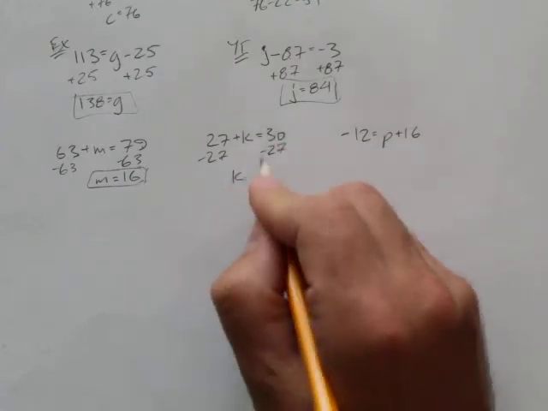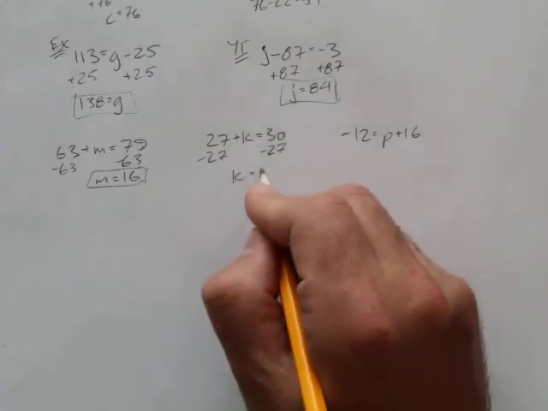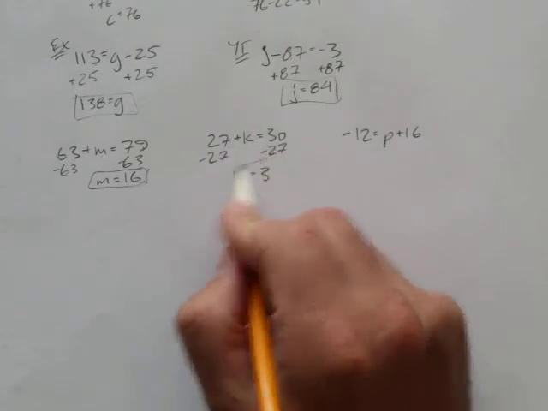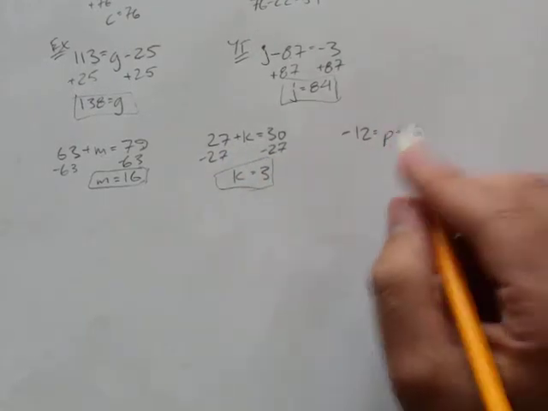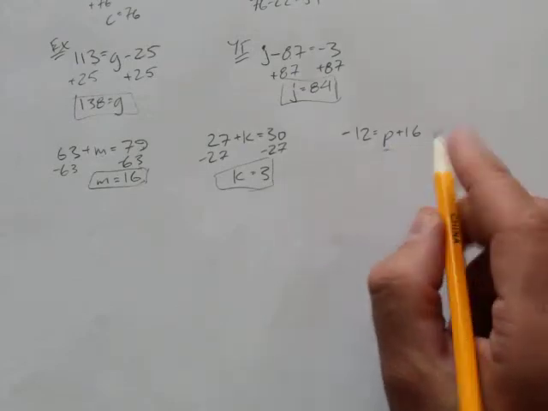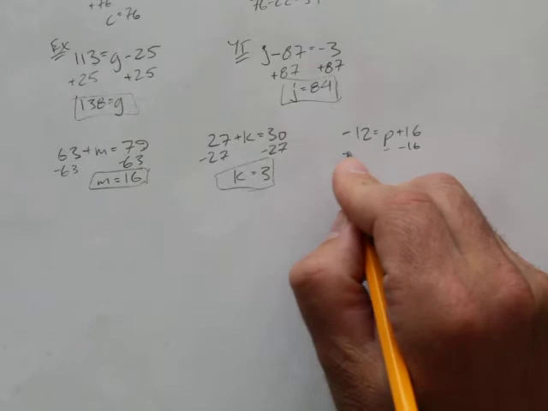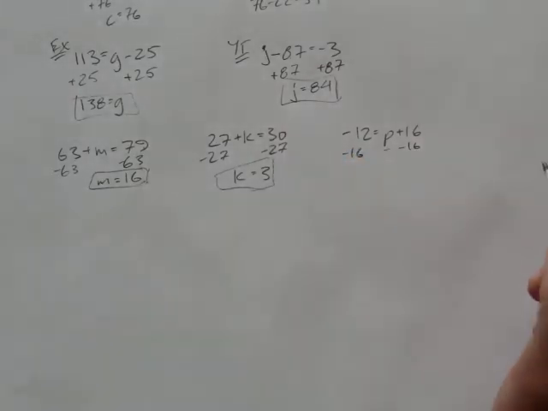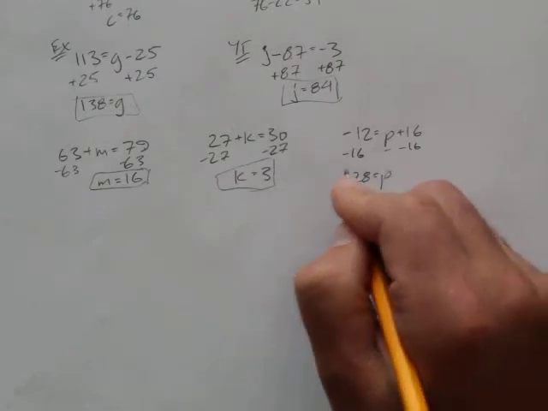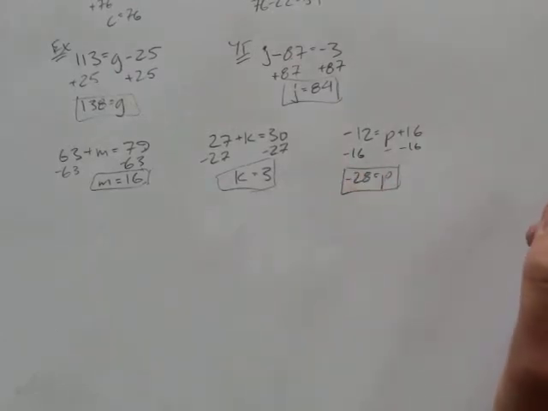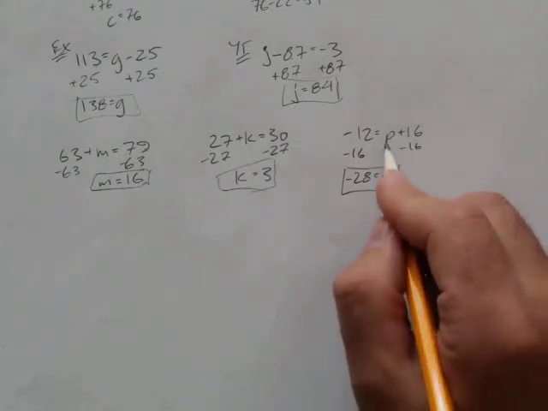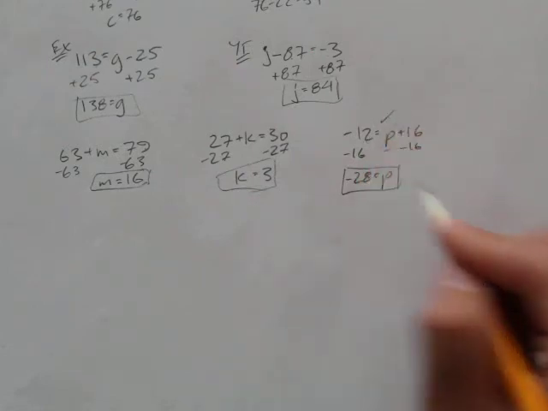So k is 30 minus 27, which is 3. 27 plus 3 is 30. That's true. For this one, I'm not going to add 12 to both sides, because I want p by itself. So I'm going to subtract 16 from both sides. Negative 12 minus 16 is negative 28. If I add 16 and negative 28 together, I get negative 12. I've checked it. We're good.